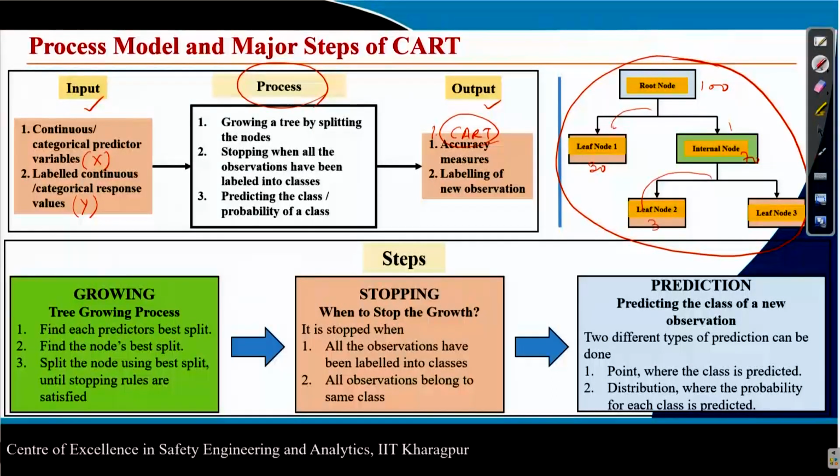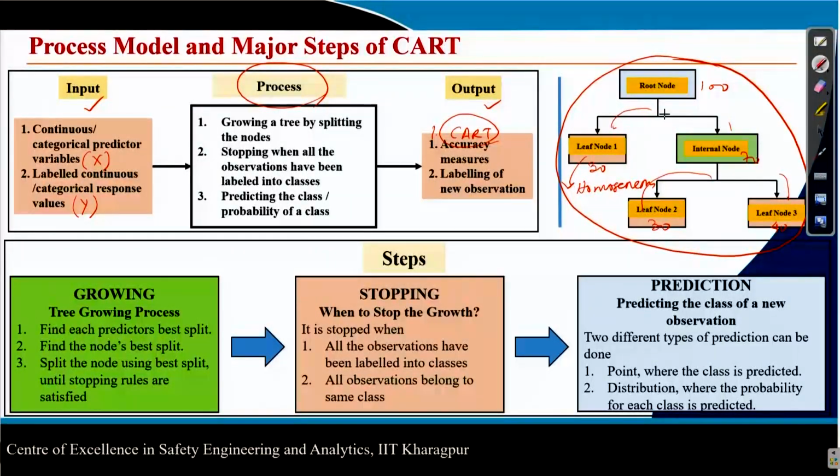Further splitting, here you may get 30 and here you may get 40. And then you reach the leaf node, where the concept is that the observations are more homogeneous. Here the homogeneity of the data is less compared to the leaf node.